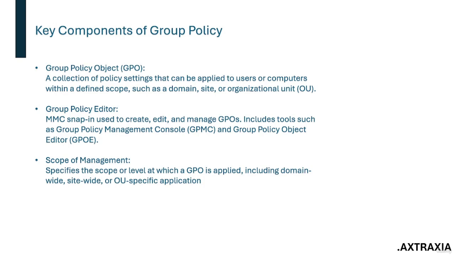Okay, I want this machine to turn off at this time. I want this machine to turn on at this time. I want this PC to have this desktop background. I want only this PC to have access to USB. How to set those up is done using an application or snap-in called the Group Policy Editor, which we will be exploring in the practical session.